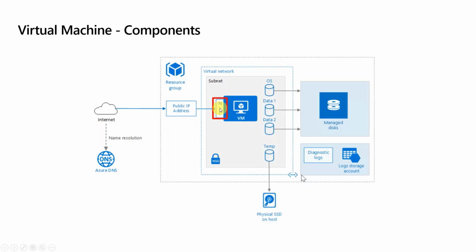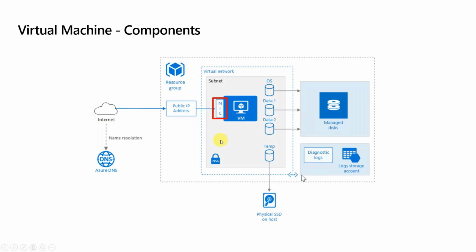This is the one which helps the VM get connected to the subnet. This is the one which will have the IP address, either private or public, and this is the one which is connected to the NSG as well. Okay. Basically any network related things related to the VM are coming from the NIC card.